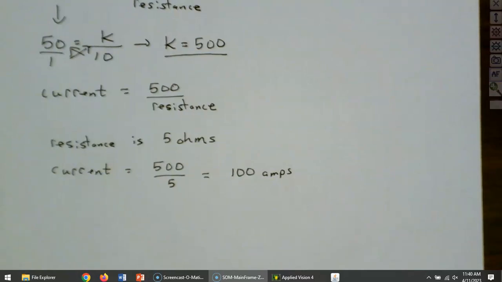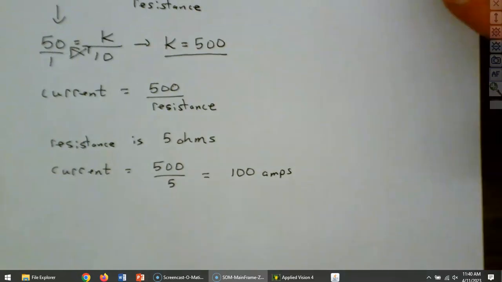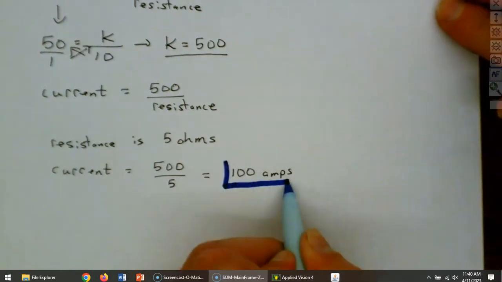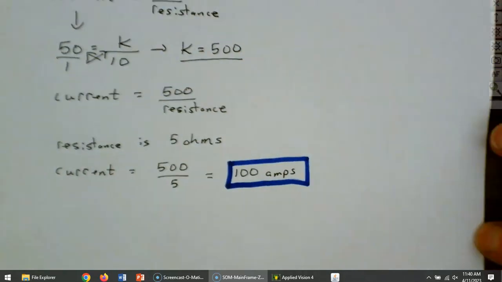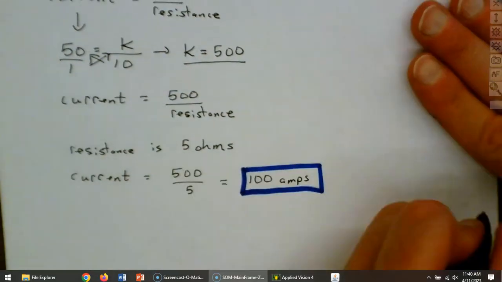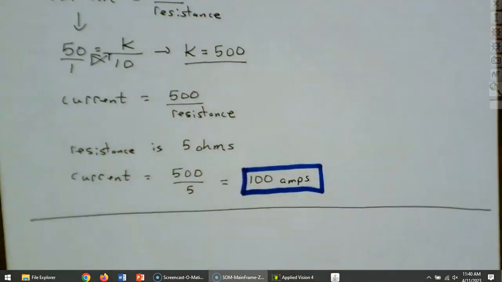So that was question 34, and that was inverse variation. So that's inverse variation there. Let's look at another one.